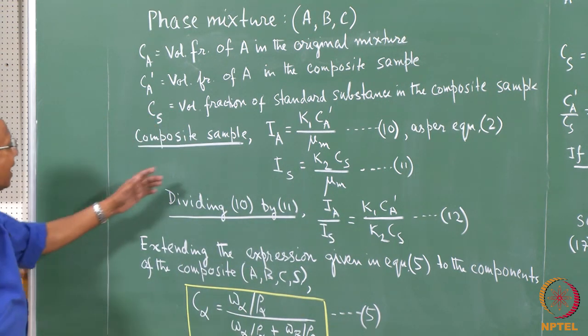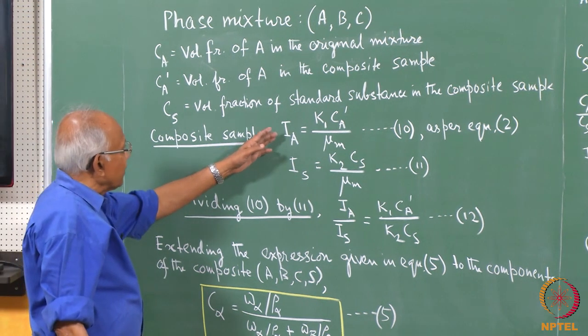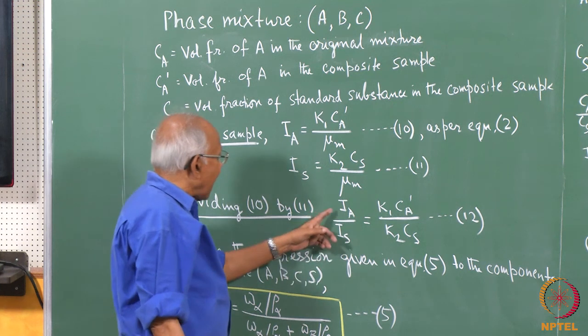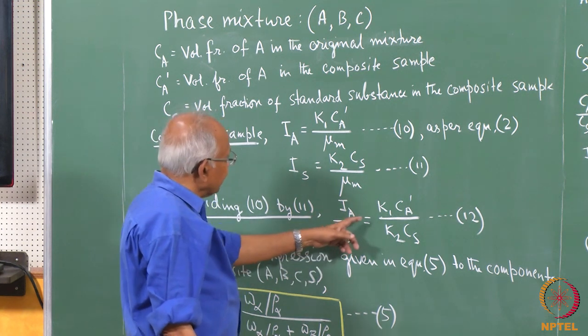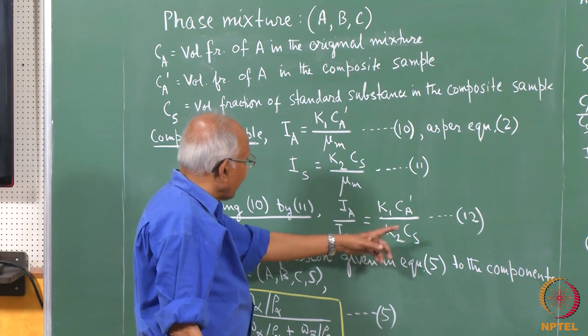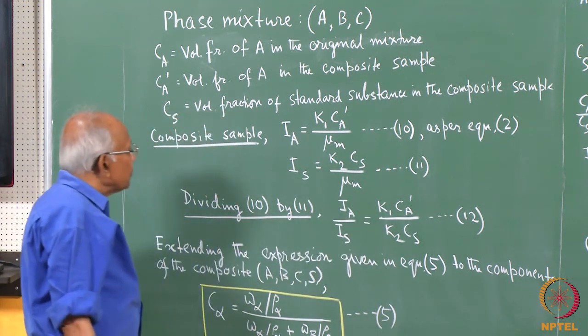Now if we divide equation 10 by 11, we can write down Ia by Is is equal to K1 Ca prime divided by K2 Cs.